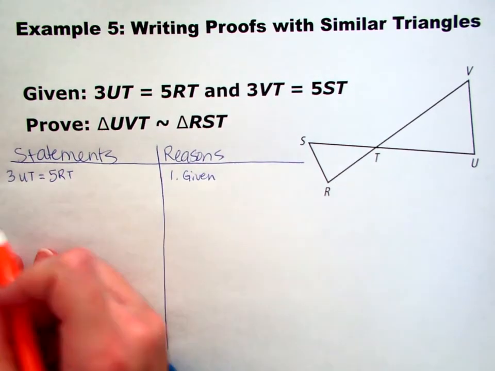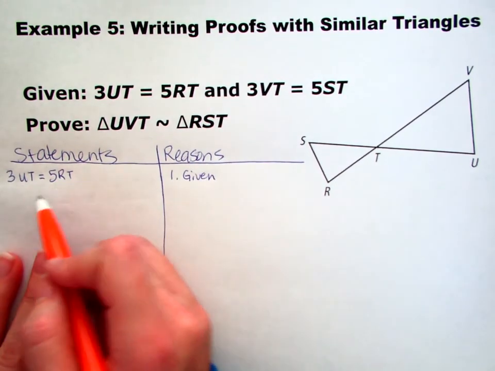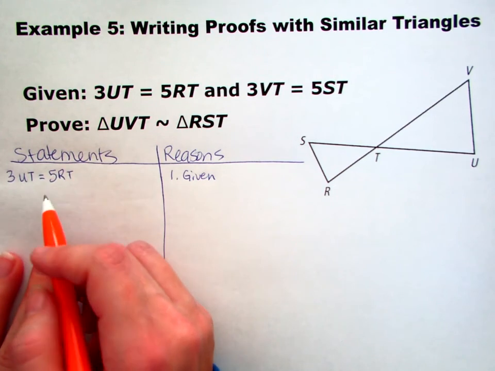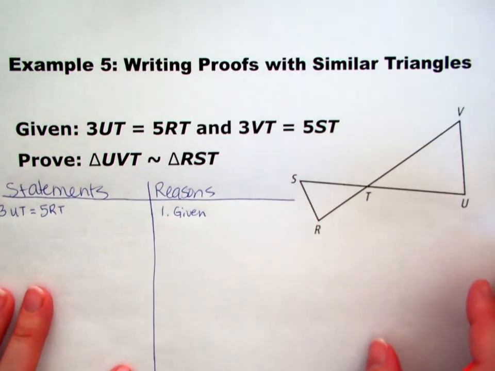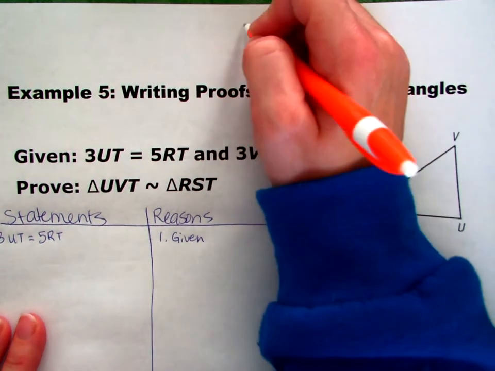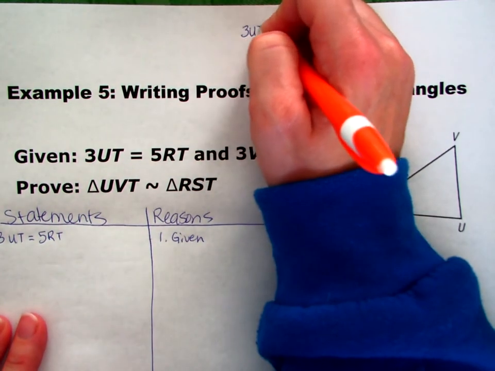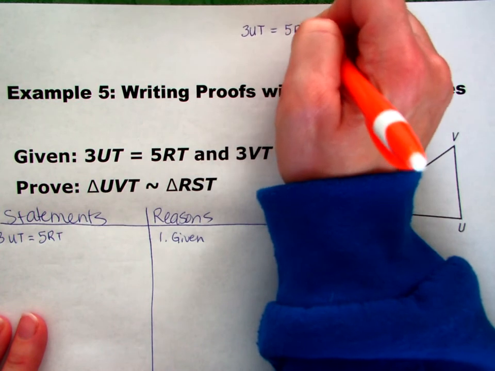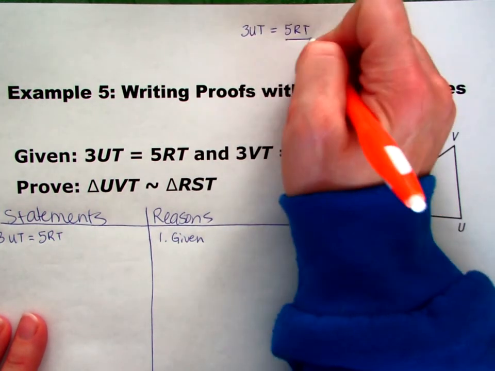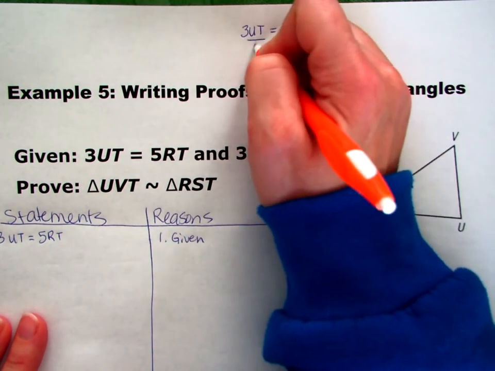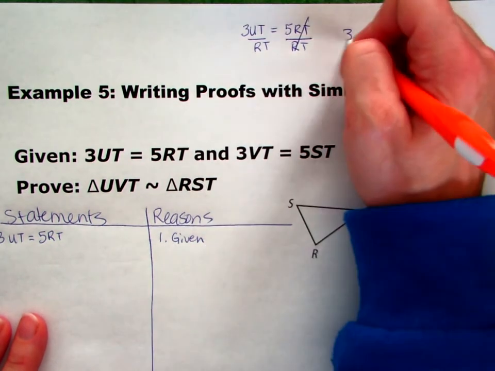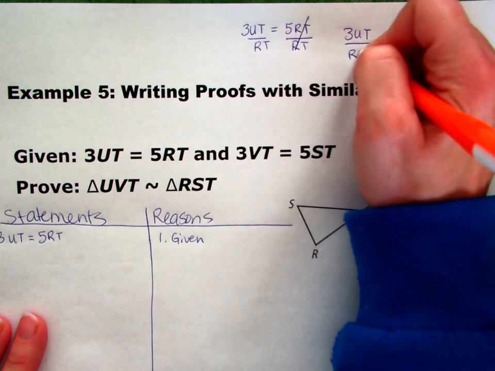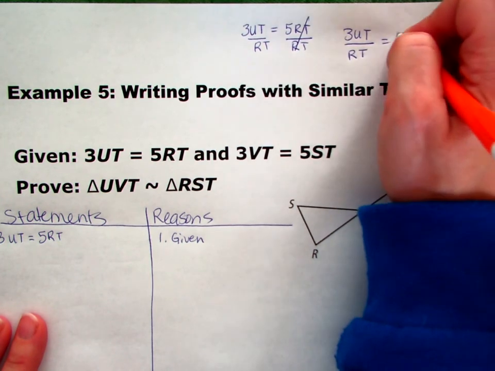But then also, if I look at this, I really want to get this in terms of comparing the sides. So I'm going to just show you something here to the side. I'm going to pull this down just a little bit so that you can see how I come up with this next statement. 3 UT is equal to 5 RT. I got that from the given. If I divide both sides by RT, that cancels here. And what I'm left with is 3 UT over RT equals 5.